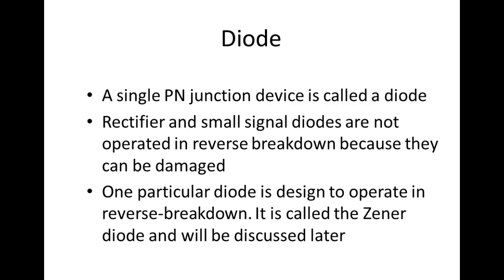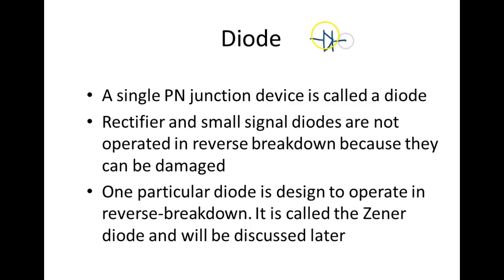If we use the term diode, we're talking about just a device that has a single p-n junction. A light emitting diode, LED. So these are special diodes. A regular diode is either a small signal diode or a rectifier diode.